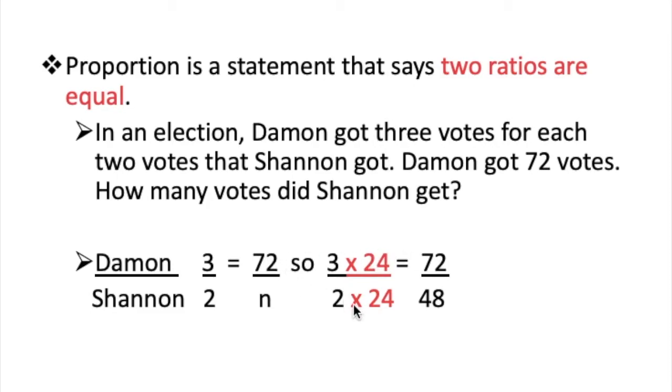Then you do the same at the bottom. 2 by 24 is 48. So if Damon gets 72, Shannon will get 48. So you have solved for N, the missing item, the missing term. N is 48. So Shannon gets 48 votes.